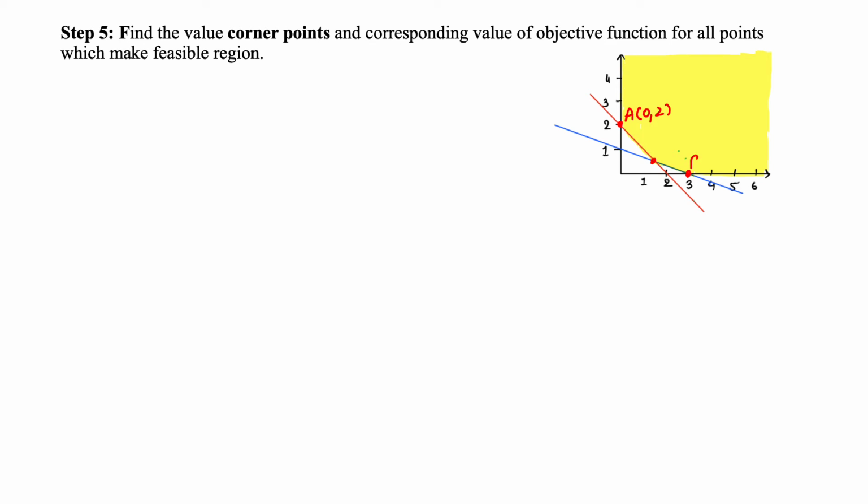In case of B, it is (3, 0). Now I have to find the C point. To find the C point, we have to find the intersection point of these two equations. This is for equation 2 and this one is for equation 1. So by using the two equations, we have to find the point C, which is the intersection point of two lines.